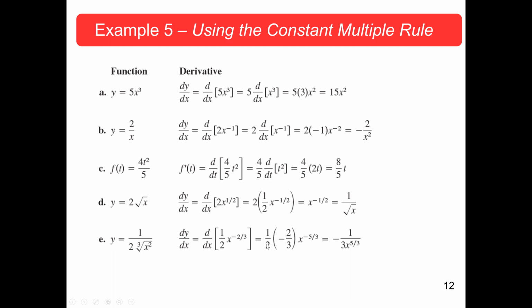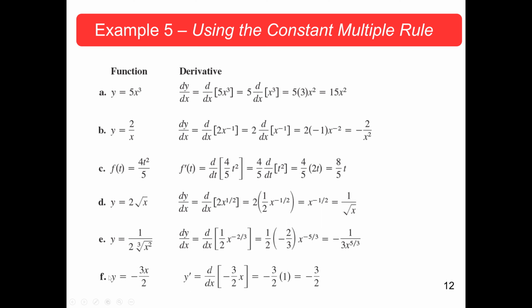And the 2 will cancel each other. So we get negative 1/3 and x to the power negative 5/3. We change it to positive exponent. So we bring x to the power negative 5/3 down, and it will be x positive exponent 5/3.